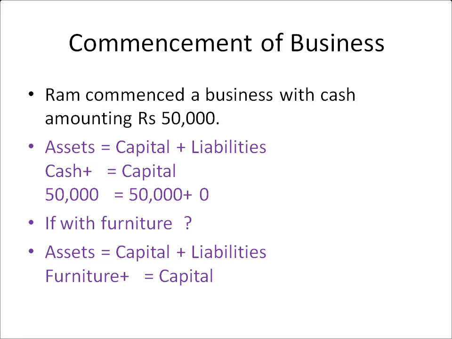We have the accounting equation: assets equals capital plus liabilities. When a business is commenced with rupees 50,000, we have increased our cash by rupees 50,000, and an initial investment of rupees 50,000 was made, that is capital is introduced, so capital is also increased by rupees 50,000.